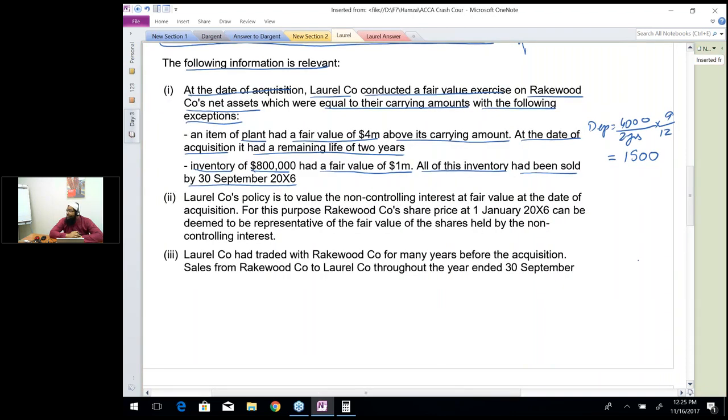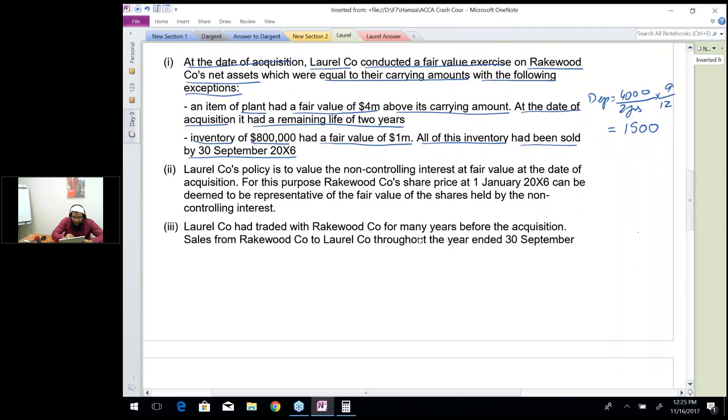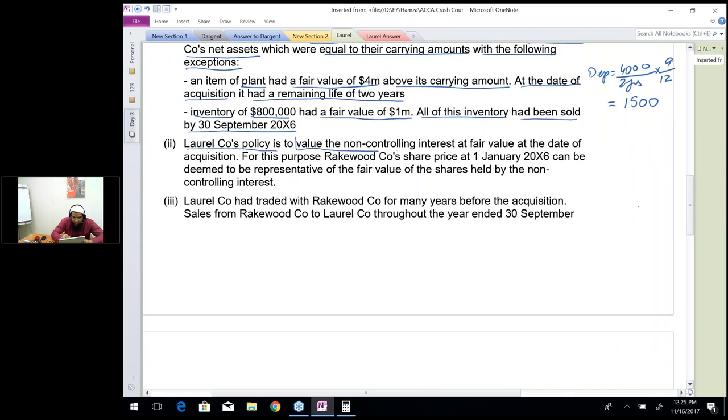Now let's move on to adjustment number 2, where the question says that Laurel Company's policy is to value the non-controlling interest at fair value. Now over here the question wants us to follow the full goodwill method, but we already know that this was required by the question because the subsidiary's share price was given at the date of acquisition.